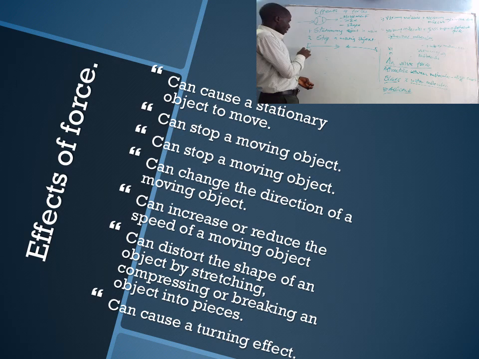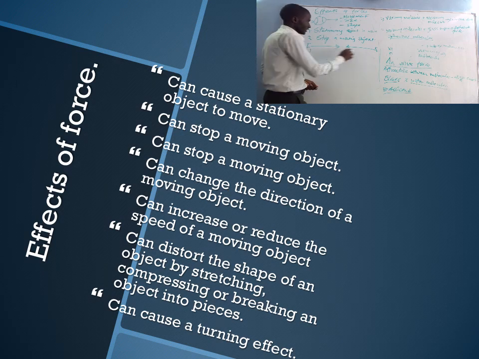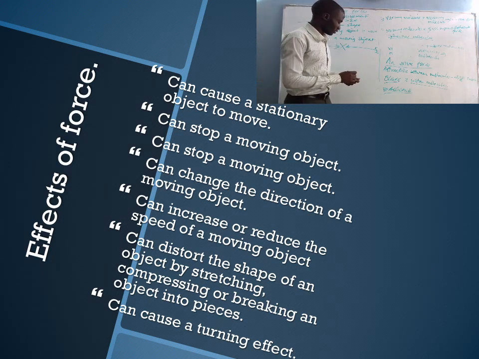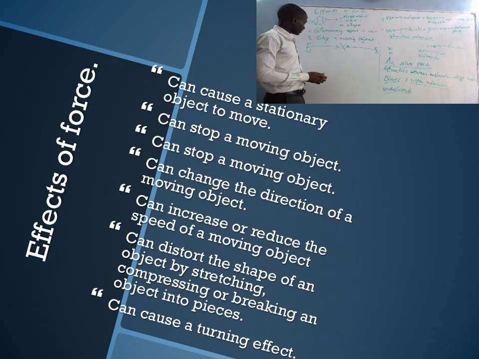If the magnitude of this force and the magnitude of the second force are equal, then the two forces will neutralize, will cancel each other, and therefore the two vehicles which were moving remain stationary. So that is the second effect.